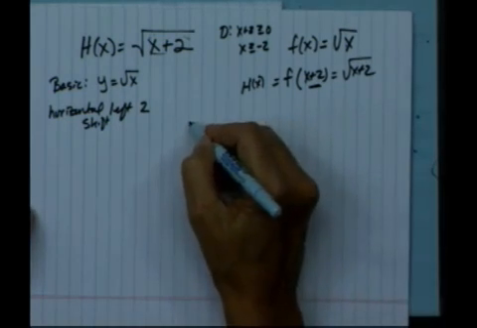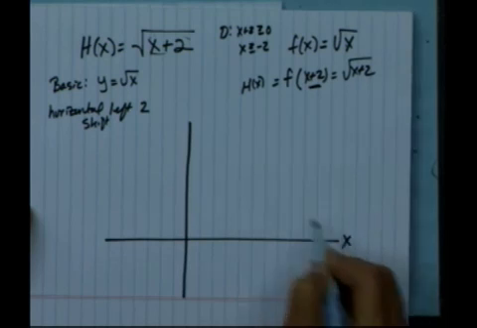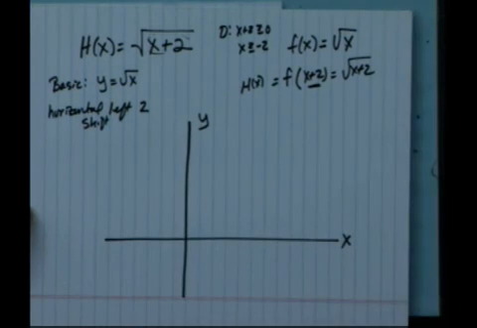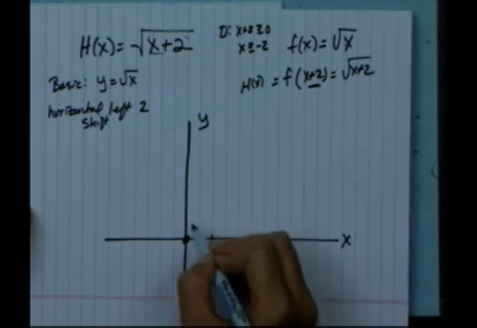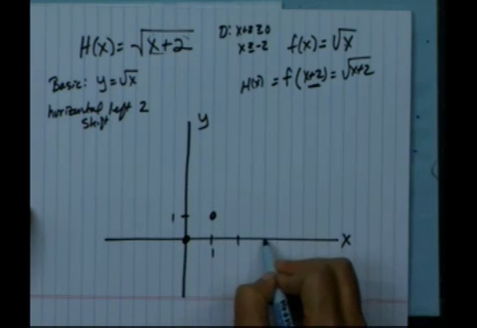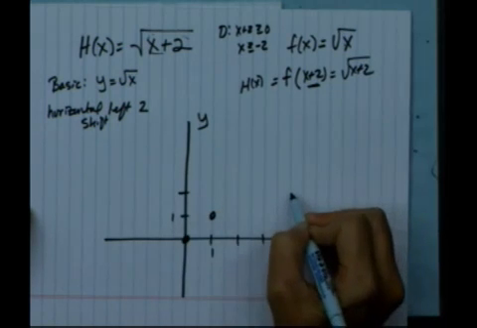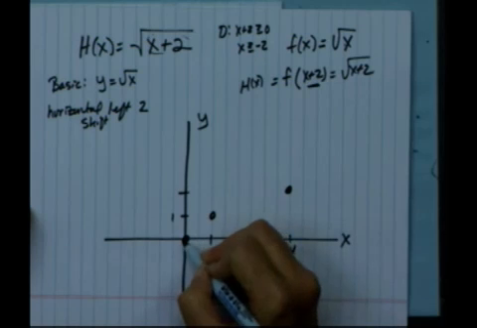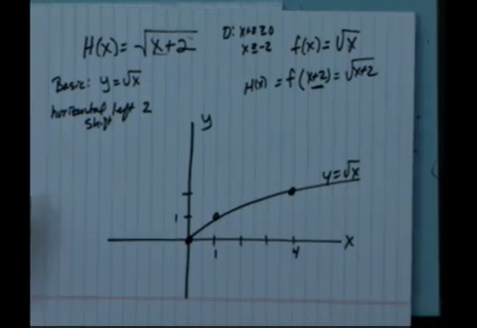All right, let's see if we can sketch this. We'll start out with square root of x: 0, 0, 1, 1, 4, 2. Y equals square root of x.